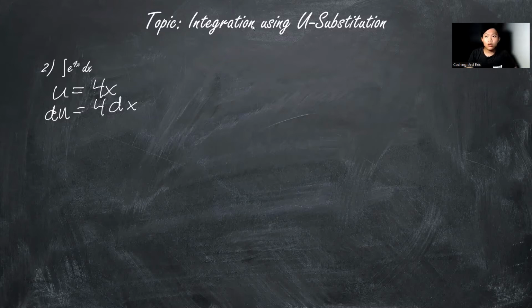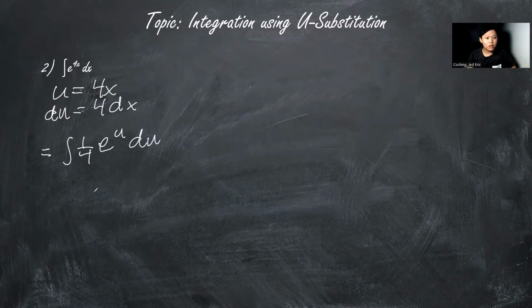And then we just substitute it. So it's going to be 1/4 the integral of e^u du, which will be equal to 1/4 e^u plus C.